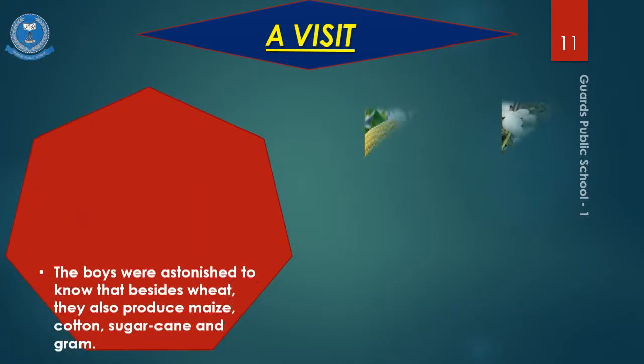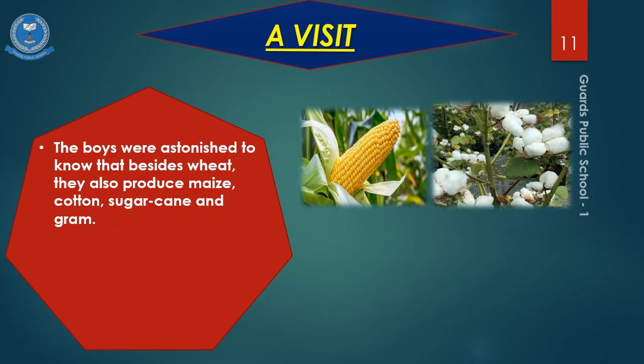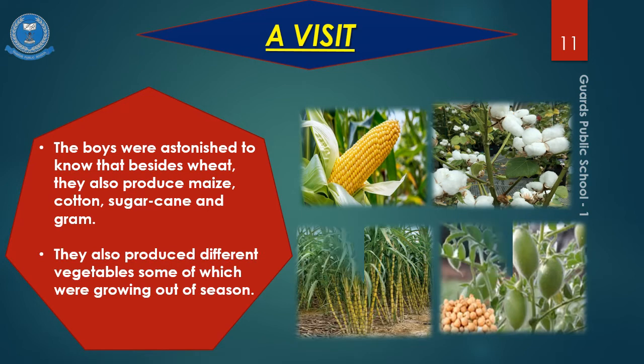The boys were astonished to know that, besides wheat, they also produce maize, cotton, sugarcane, and gram. They also produce different vegetables, some of which were growing out of season.